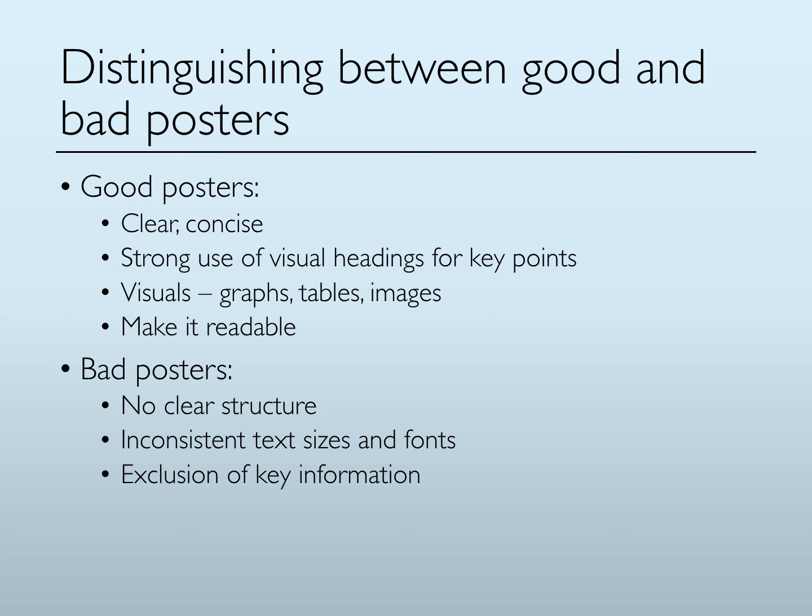The graphics are allowed, the graphs and images tell a story without using too much text. And then they're in order, which keeps the sequence obvious to a viewer. Bad posters have no clear structure, they have inconsistent text sizes and fonts, and they exclude key information.